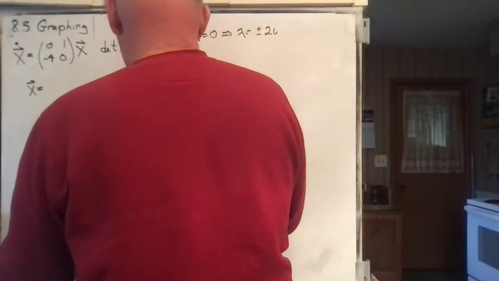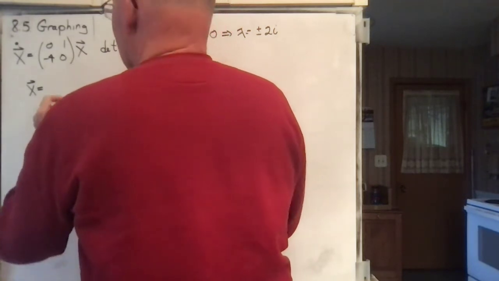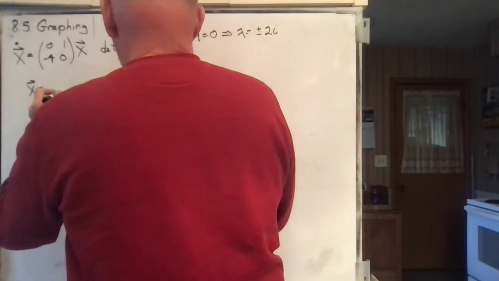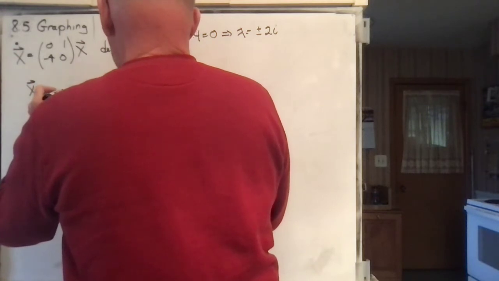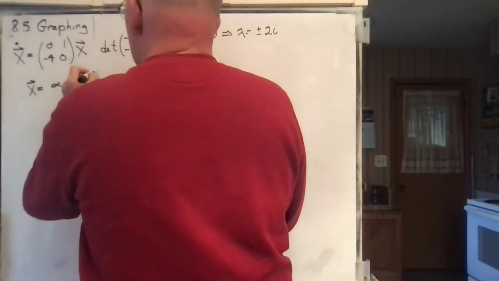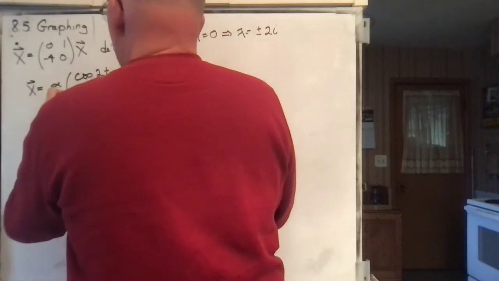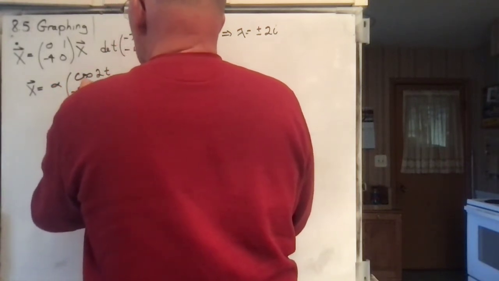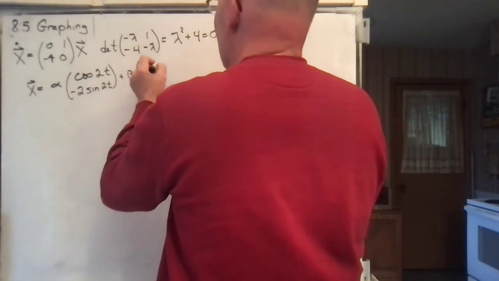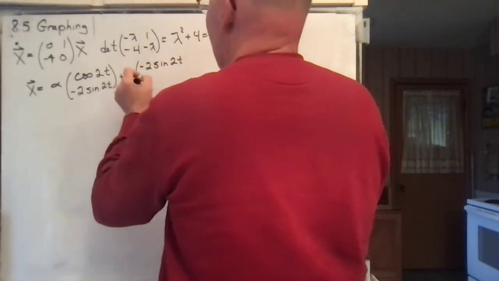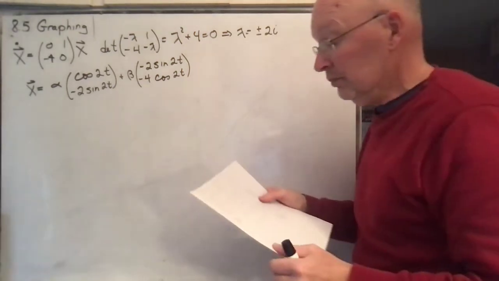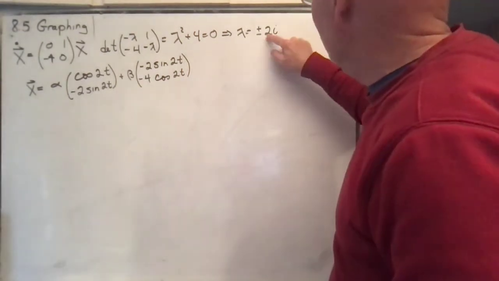It's just going to end up being alpha times cosine of 2t, negative 2 sine of 2t, plus beta times negative 2 sine of 2t, and then negative 4 cosine of 2t.